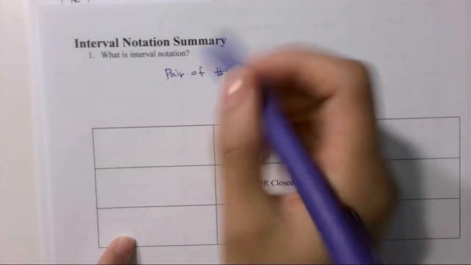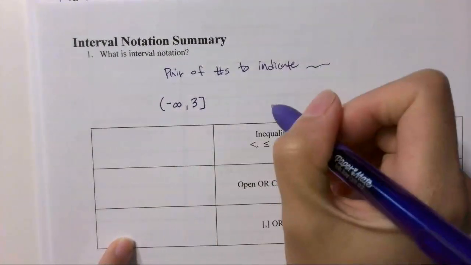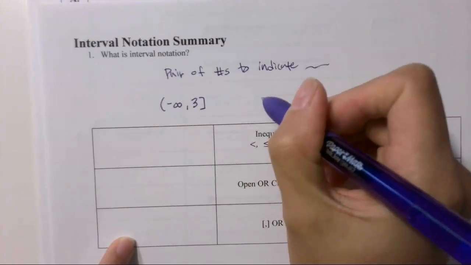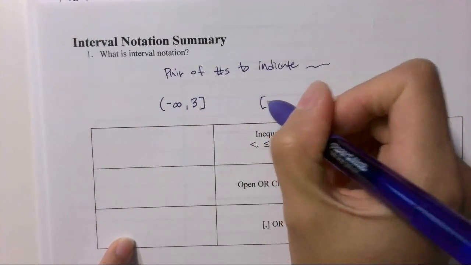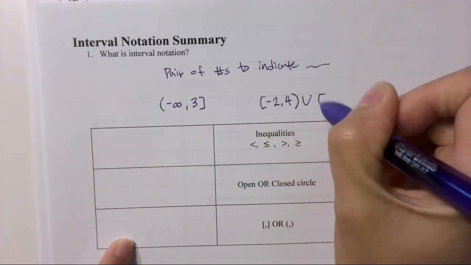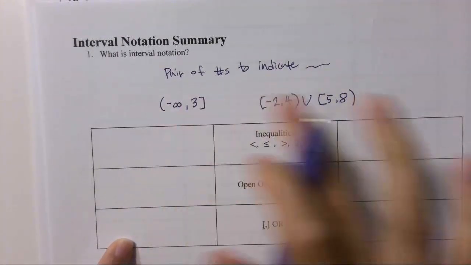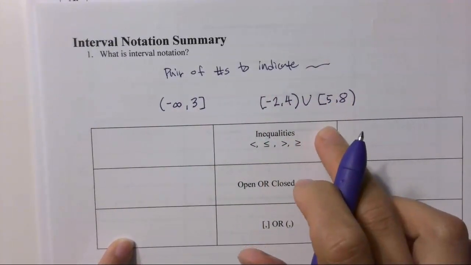So I will just give you an example. Whatever you saw at the left, the third column, negative infinity to 3, or you can have something like, I don't know, -2, comma 4, or 5, comma 8, or something like that. So these are both examples of interval notation.